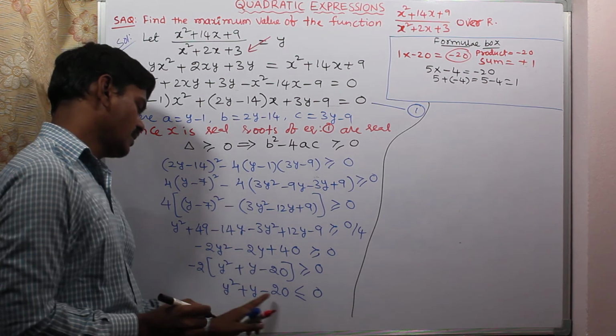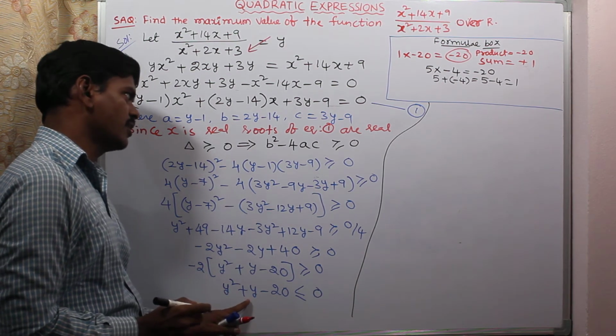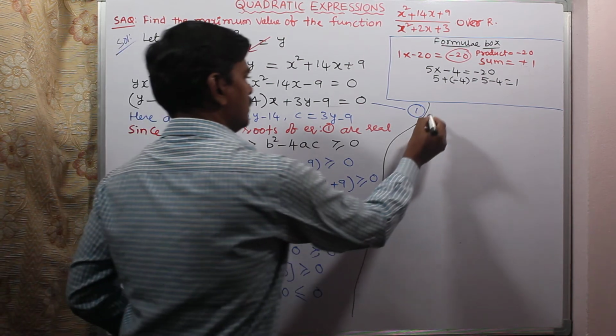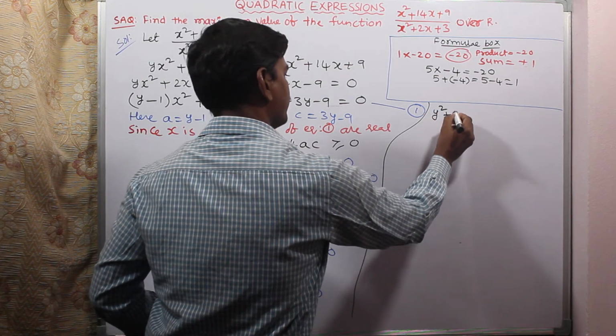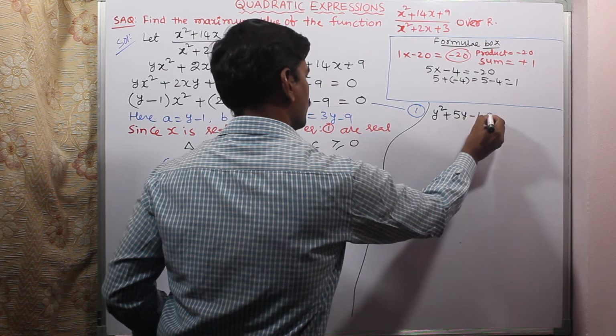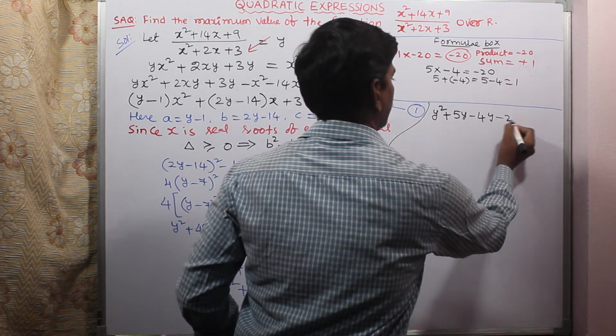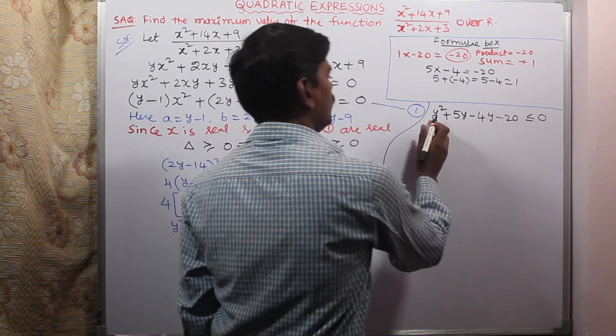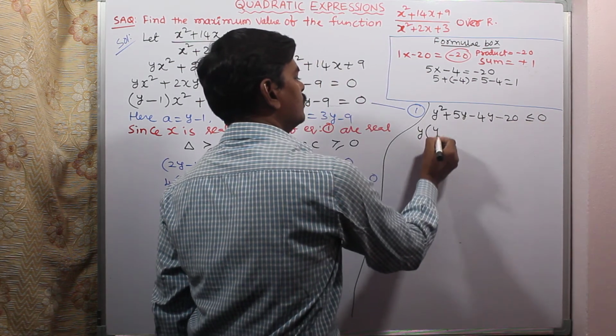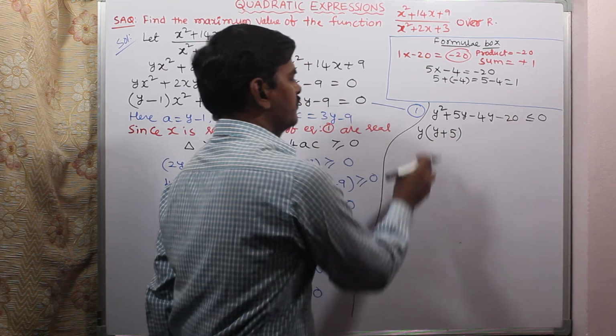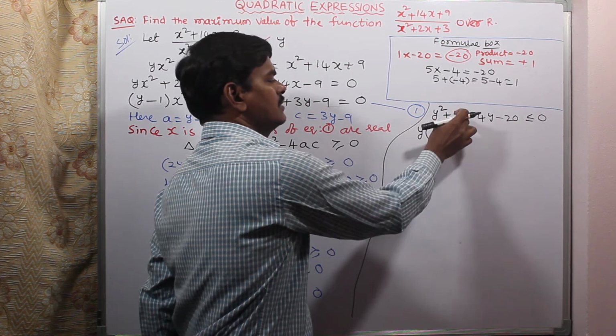The first and last terms you have to write the same. The middle term you have to express in terms of factors. y square plus 5y minus 4y minus 20 less than or equal to 0. Now we can take y common, y into y plus 5. After taking y common, we are left with y plus 5.